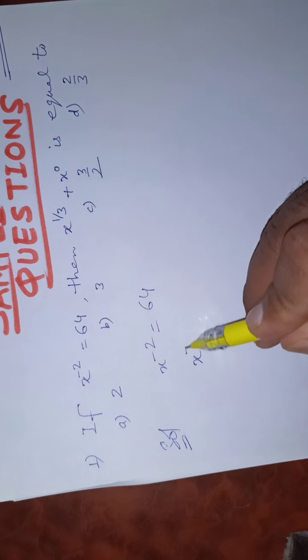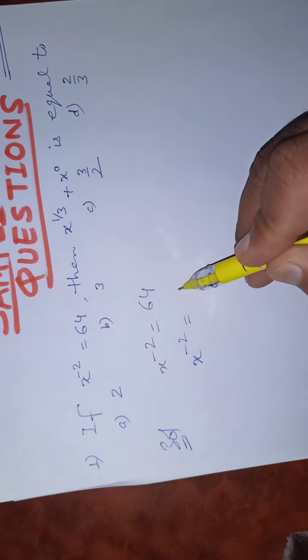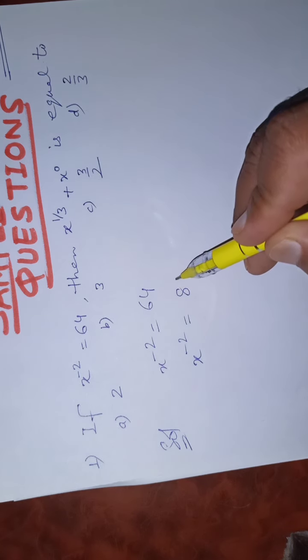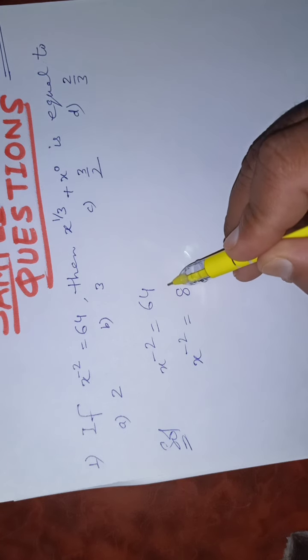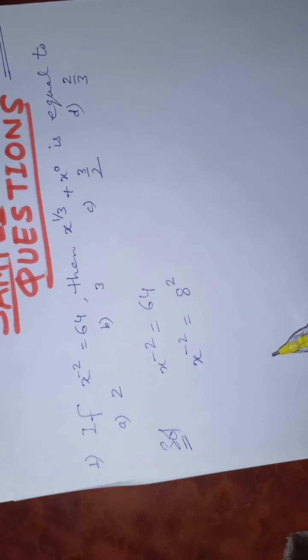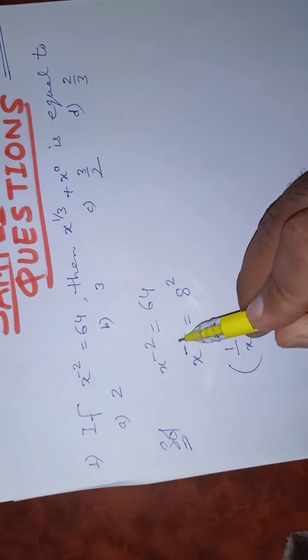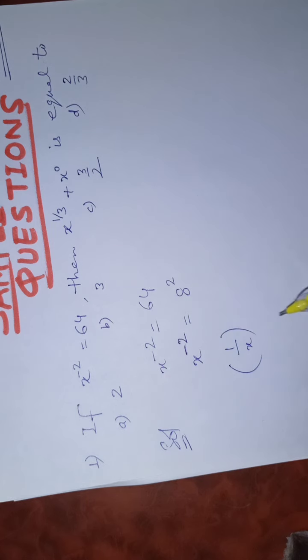So x minus 2 is equal to, you can write here 8 raised to the power 2, or here you can write 1 upon x. If you want to make the power positive, so you have to take the reciprocal of that base.